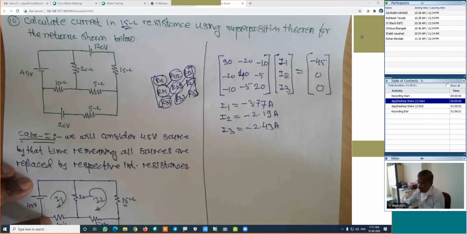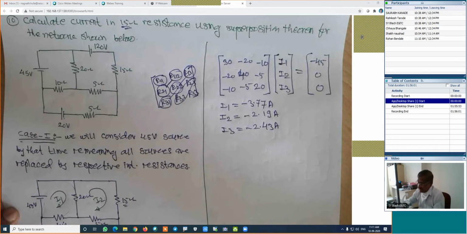Check it out, the values. Saurabh? Yes, sir. Correct. These are the values. Means we are interested in the current I1, I2 and I3. For case 1, these are the values. Is it right? This is I1, I2 and I3.